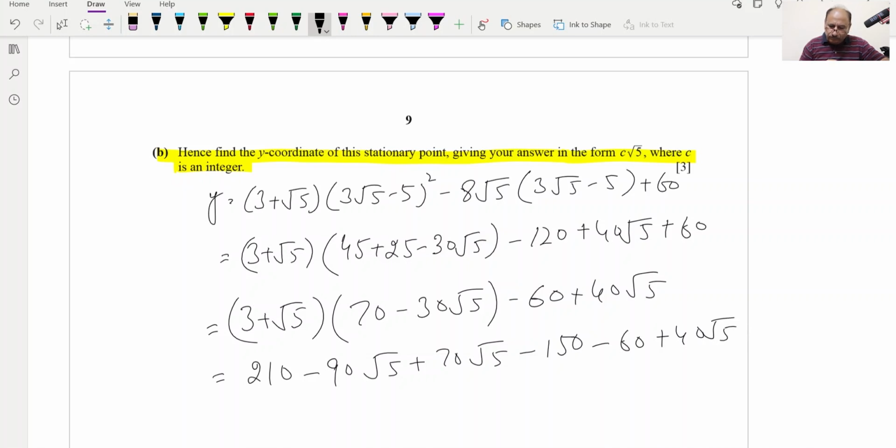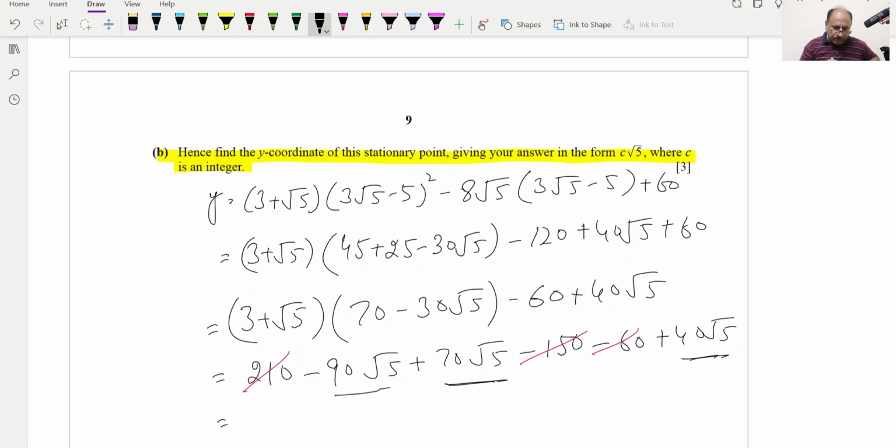Now we can simplify, and this will be 210 and 150. So the answer will be basically 60 minus 60 also. So these two terms will be cancelled with 210, and our terms will be this one, 90 under root 5, and this one 70 under root 5 and 40 under root 5.